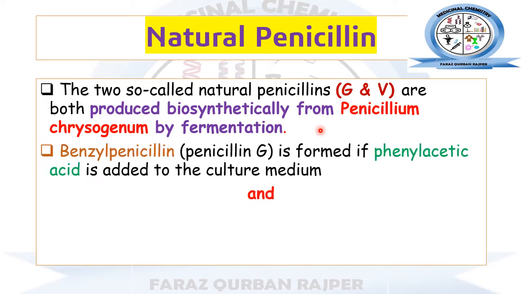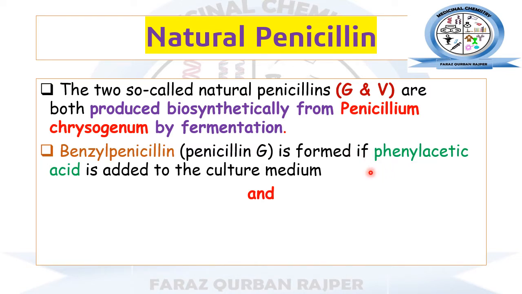Let's consider penicillin G. If we are going to target the production of penicillin G by the process of fermentation, then we must introduce a certain chemical in our culture media for fermentation, and that chemical compound is phenylacetic acid.